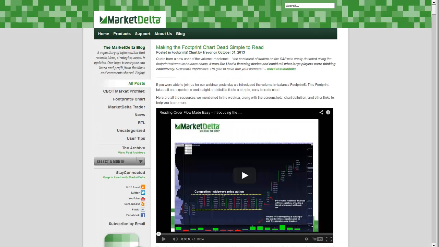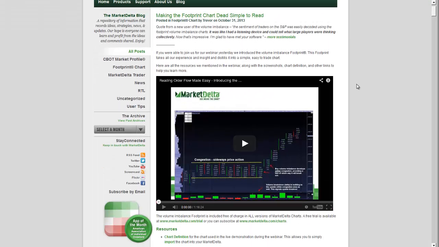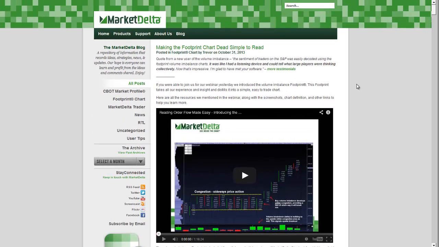Just one note. In terms of the order imbalance algo, we are getting a lot of questions on this since its release from Market Delta in the summer of 2013. This has been a fantastic indicator on the footprint chart. It really allows you to see what's going on.